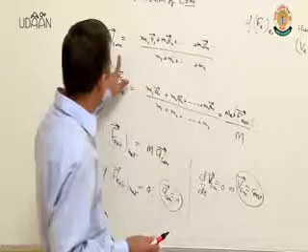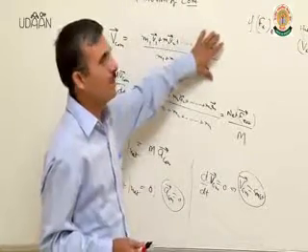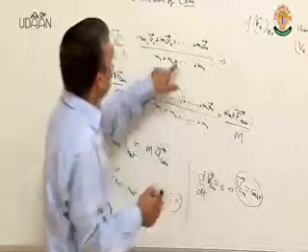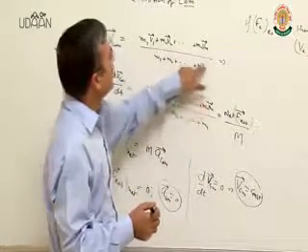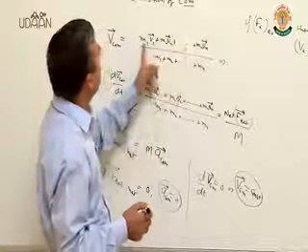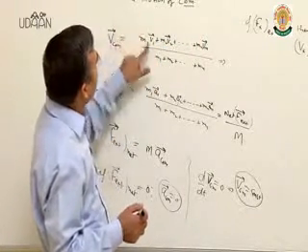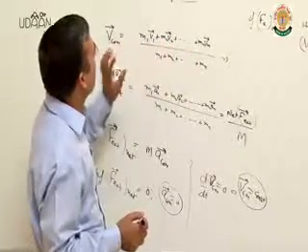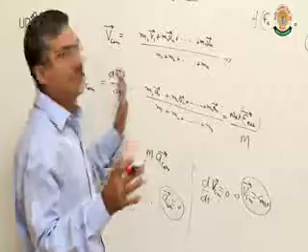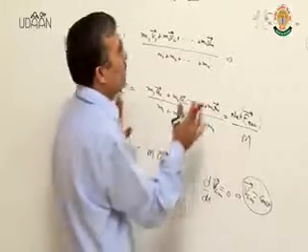Now, when F external is 0, then v_cm is constant. It means this part is constant. Total mass of the system is constant, so the upper part will be constant. These are the momenta of the particles. The vector sum of the linear momenta of the system will remain constant.